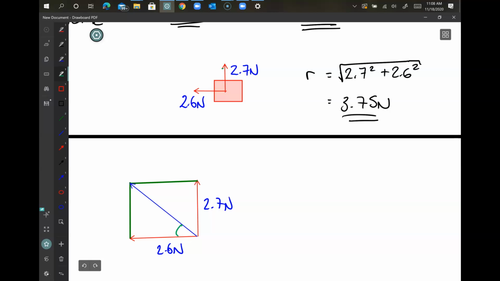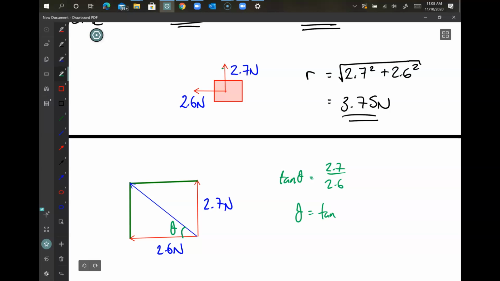Should we measure that angle? Or should it be this one? It's up to you. As long as you're able to describe where the angle is measured from, you can quote any angle you want. Let's do this one. So tan theta will be opposite, which will be that side, and that side must be the same as that side. In other words, 2.7 over adjacent, which is 2.6.